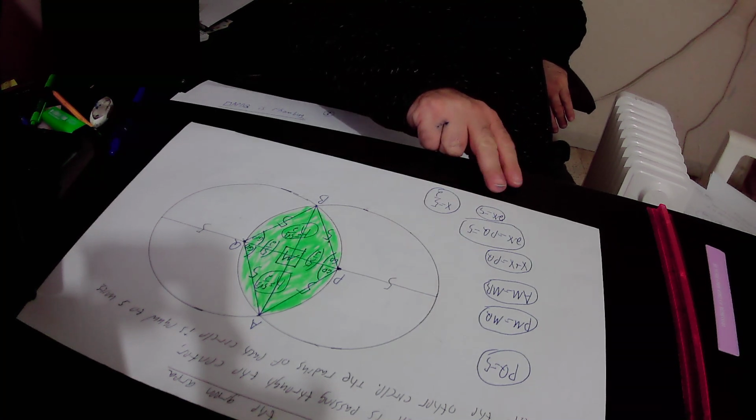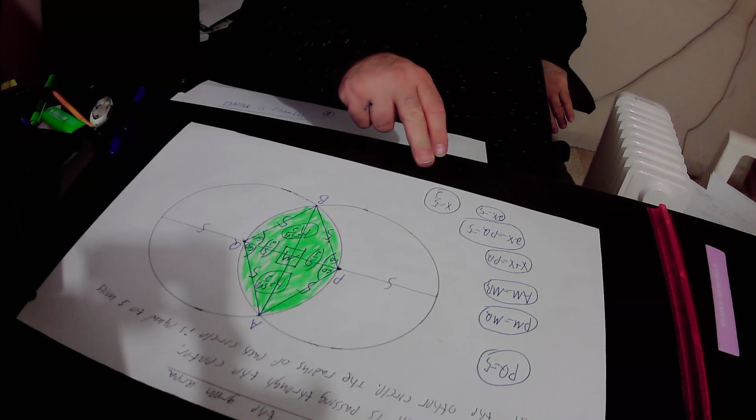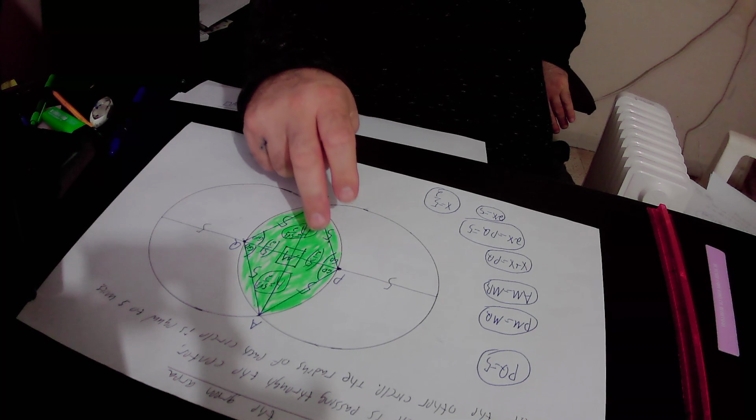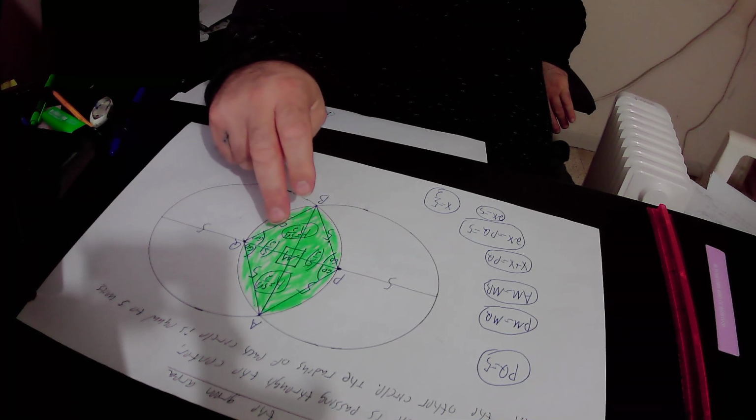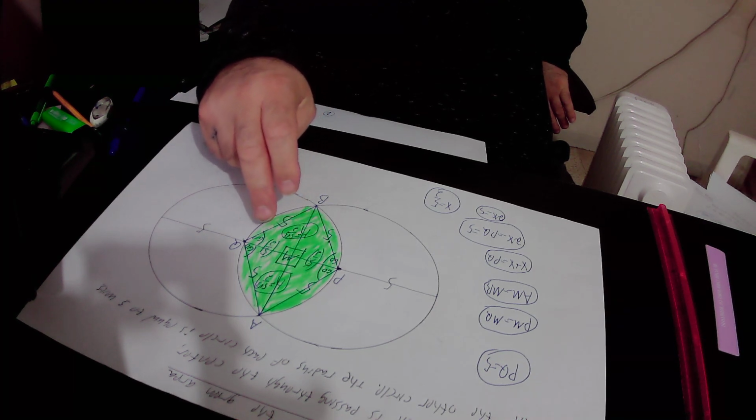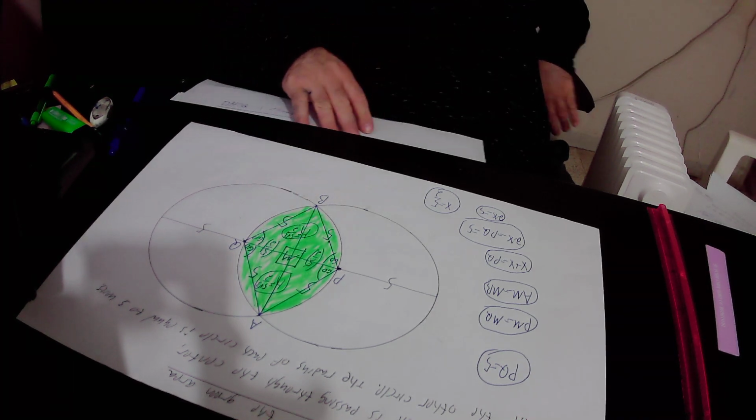From this equation we derive that 2X equals 5. We divide by 2 and get X equals 5 over 2. So PM equals 5 over 2 units, and MQ equals 5 over 2 units.